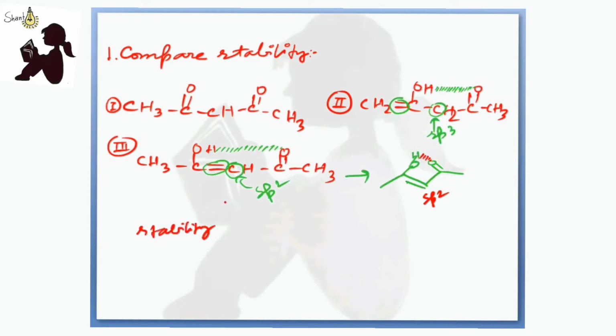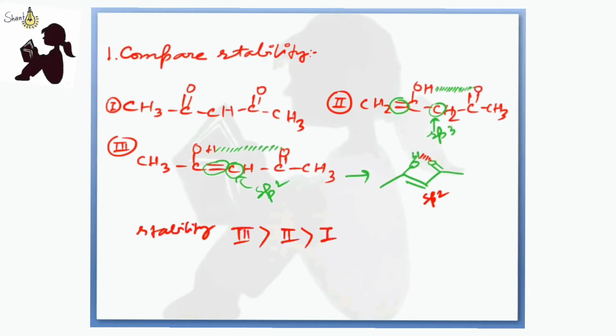That is 3 greater than 2 greater than 1, because 1 already has a ketone. But here, as you can see, it doesn't want to form a ketone, so its stability is less, and it is sp2 hybridized. So as you can see, it is forming a structure like this. That's why these bonds are coming closer, so this is forming an sp2 bond. Okay.